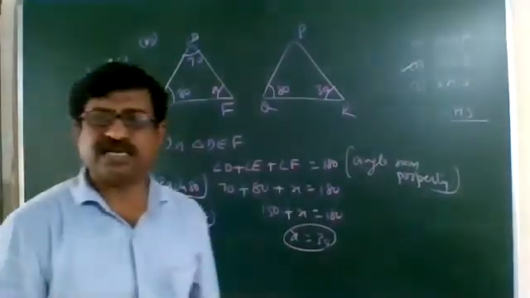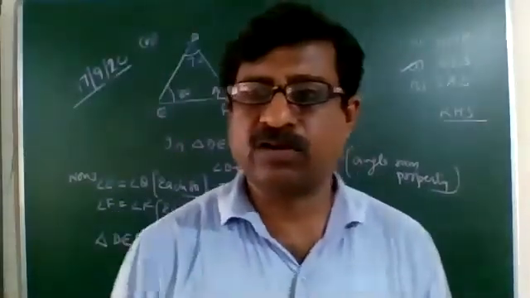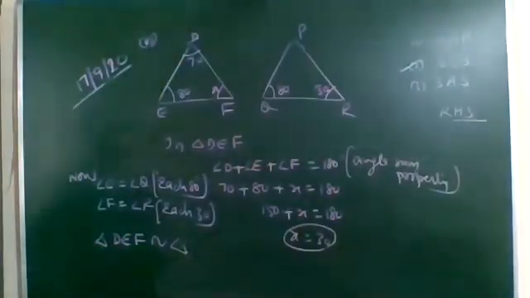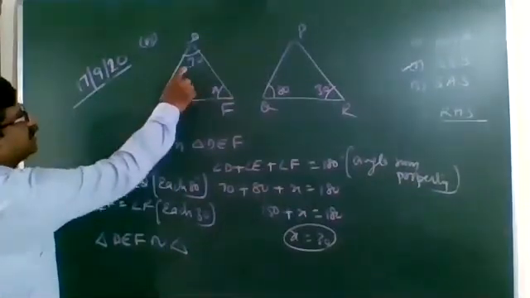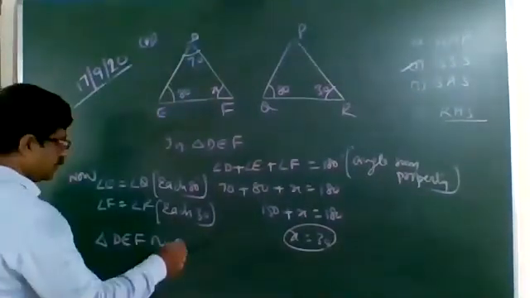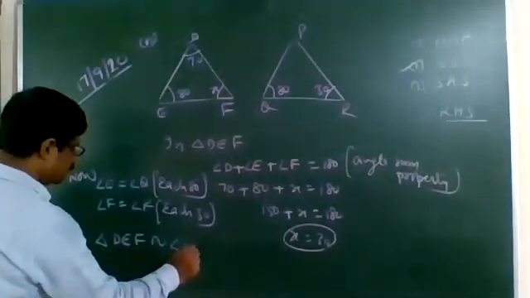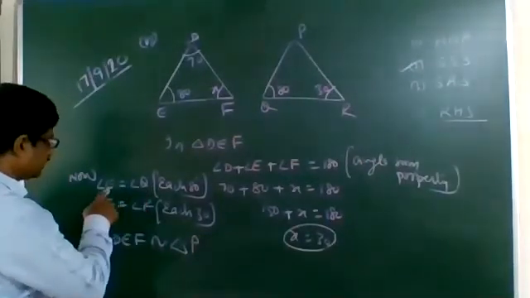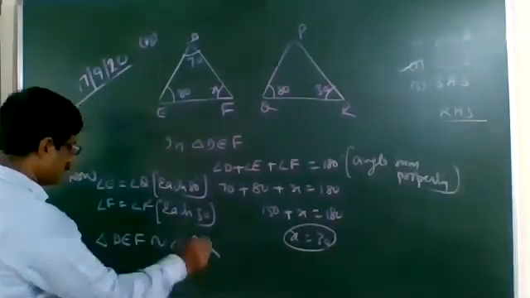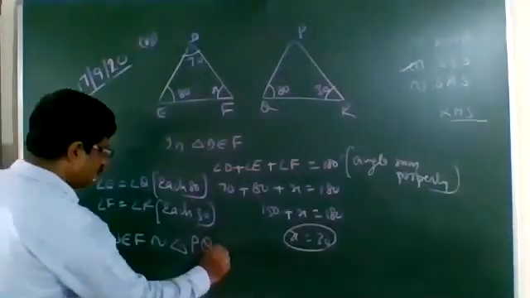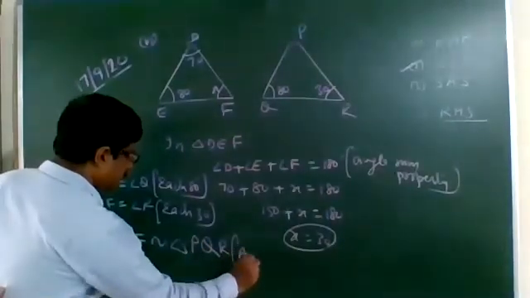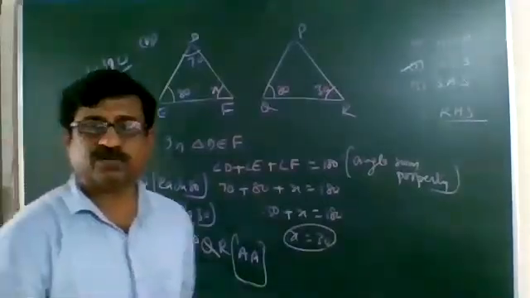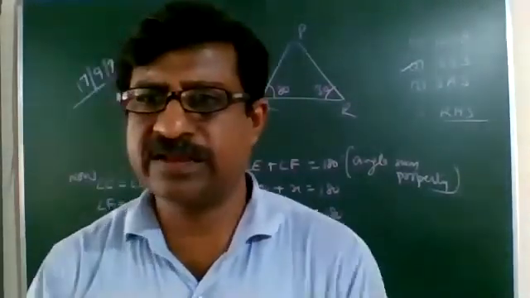Naming of the triangle has to be done accordingly. D we got as 70 degree, and this side we got P as 70 degree. D should be replaced by P, E is replaced by Q because angle E equal to angle Q, and F is equal to R. Name of the triangle is DEF similar to PQR. That's all. Okay.